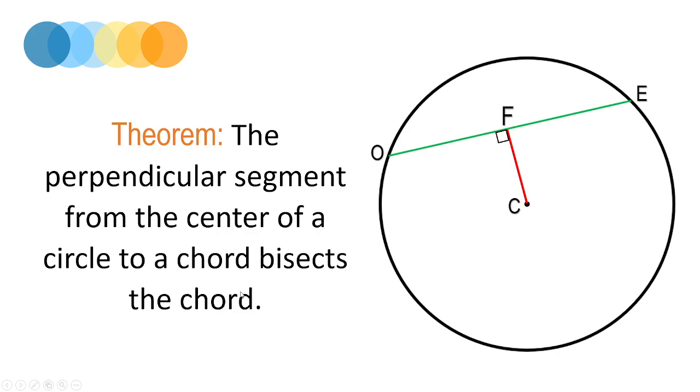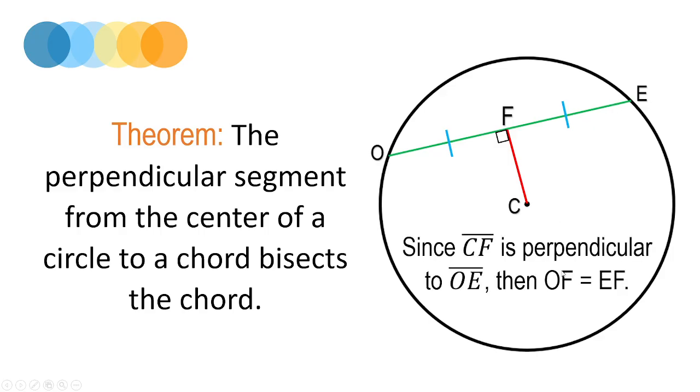So it bisects the chord, class. That means FO and FE, the two parts of chord OE, are equal in measure. That's the theorem that we are talking about right now.